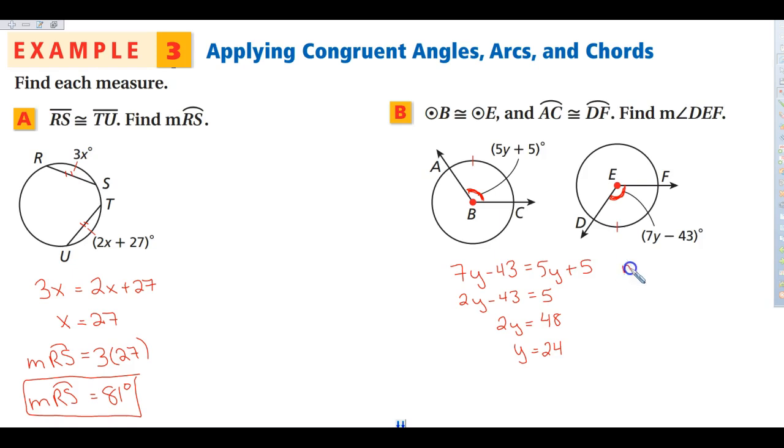Now, I want the measure of angle DEF, which is going to be 7 times 24, so 7y, minus 43. Okay, so when we're looking here, the measure of angle DEF, when I put 7 times 24 minus 43 in my calculator, I am going to get 125 degrees.